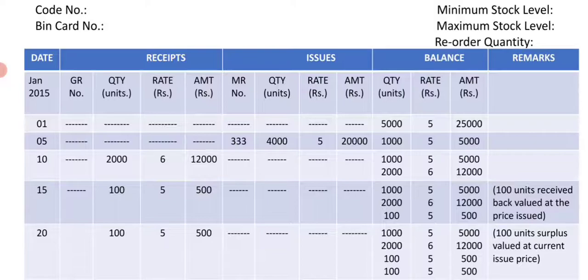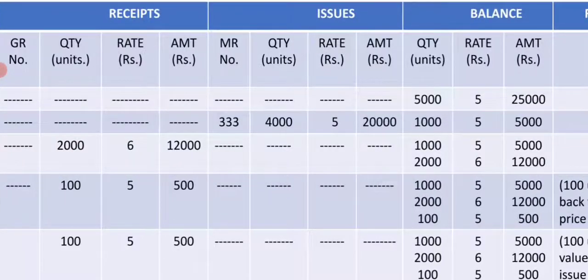The second transaction is on 5th January 2015. Issued to job number 333, 4000 units. They have given the MR number, that is material requisition number, 333. We will write that number in the MR column, and the number of units issued is 4000. While issuing the 4000 units we should see the balance.